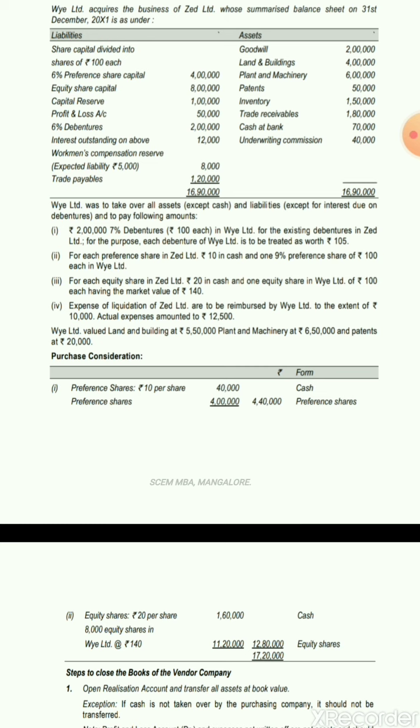The actual value of the debentures of transferor company is 100, but transferee company is paying 105, that is 5 premium. 5 rupees premium is being paid to the debenture holders of transferor company. Actual value is 100 of each debenture, but transferee company is paying 105, 5 extra. So, what is this 5 extra? 5 extra is premium.